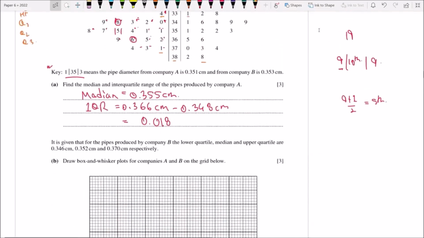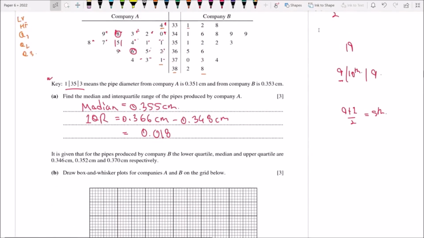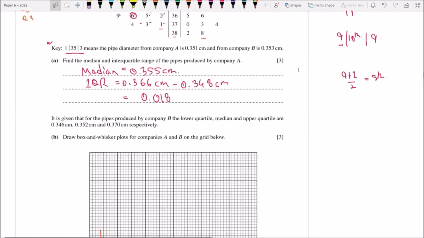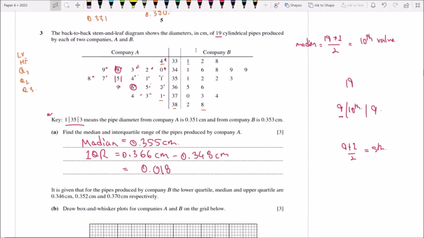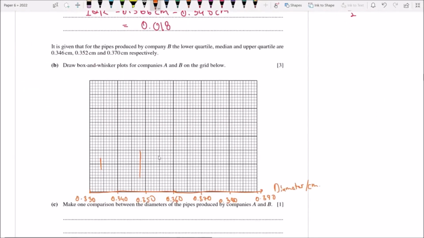Next one, 2 units up and down. I meant 4 in total. So Q1 is at 0.348, over here. Then Q2 is at 0.355.